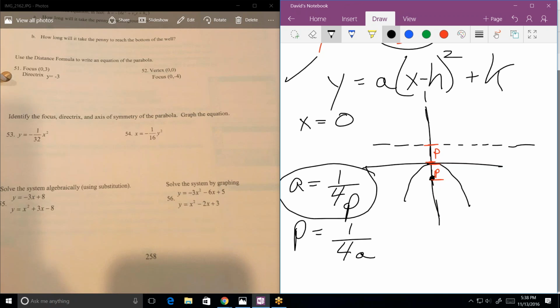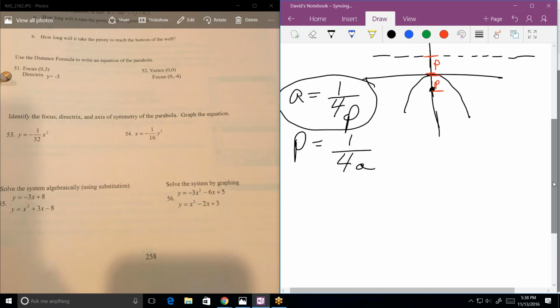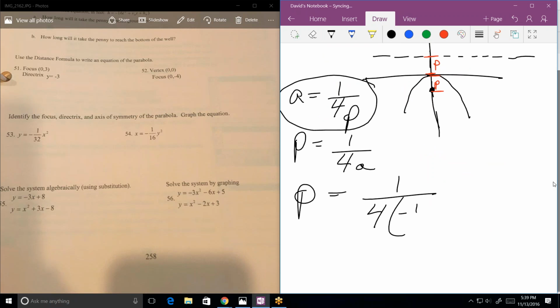Okay, and we know what A is. What is A? A is -1 over 32. So P is equal to 1 over 4 times -1 over 32.